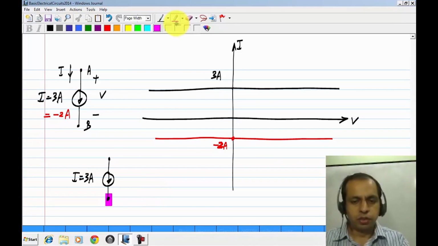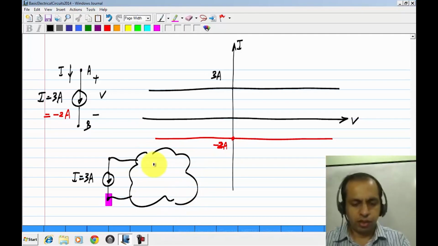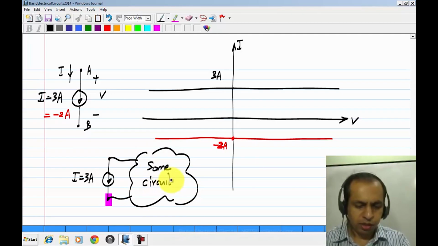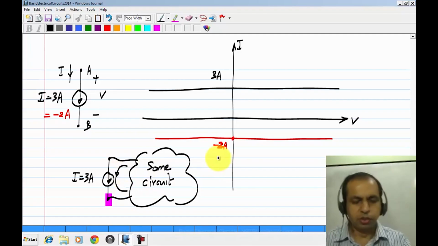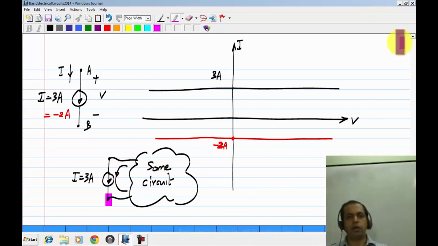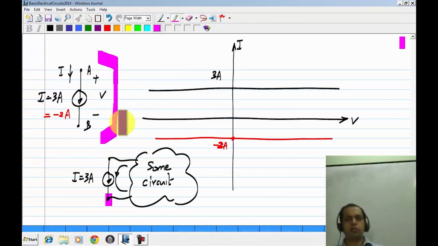So what it really means is that this has to be always connected to something. This is some circuit, and a current will be flowing like this into the circuit. Of course it's inconvenient to be drawing an extra circuit each time we draw a current source. We do draw a current source like this without anything connected to it, but that's not a complete circuit. Something has to be connected to the current source.